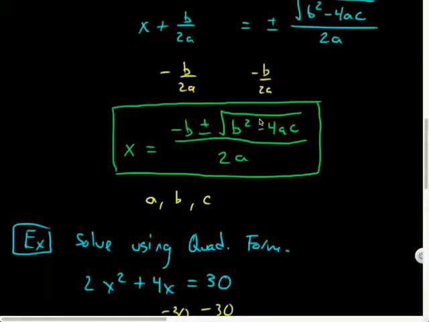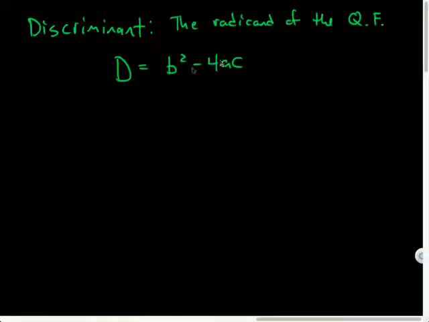Where is it hiding? It's under the square root. That's called the radicand. And I want to point out that this does not include the square root. It's just the plain old b squared minus 4ac.